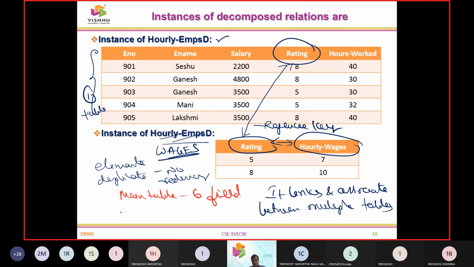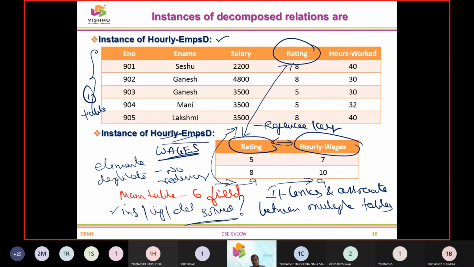Now, how are insert, update, and delete solved? The question was, how are you solving insert, how are you solving update, how are you solving delete? Now I can insert rating as 9, then I can give hourly wages as 10.